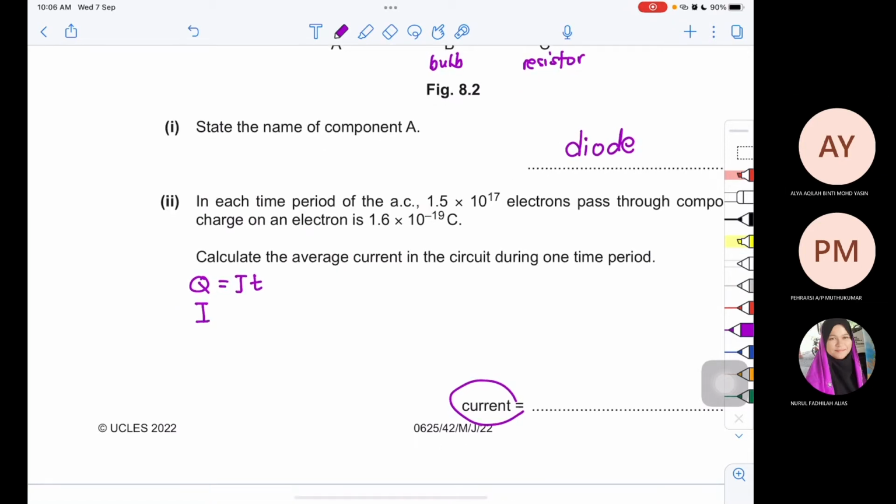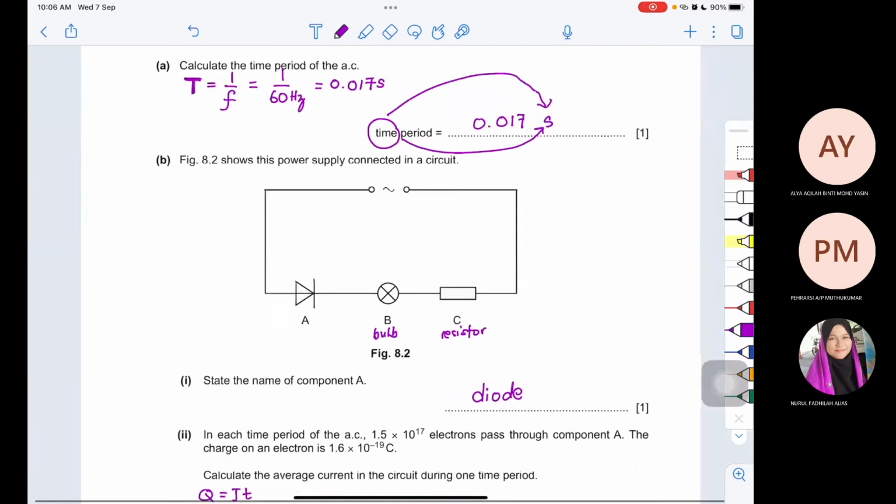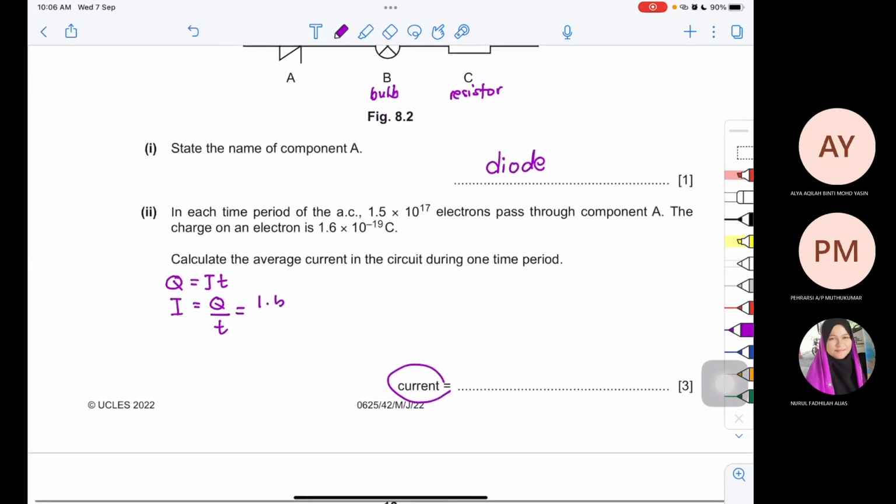So I equals to Q over T. So what's the Q now? Q given as 1.6.